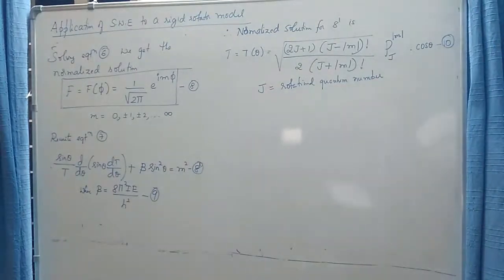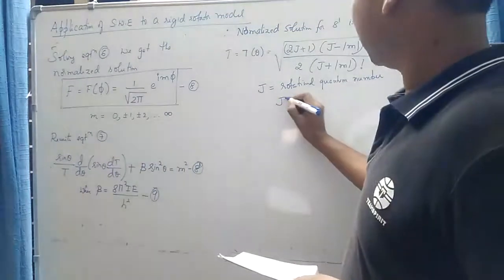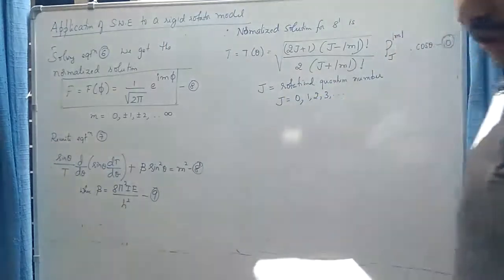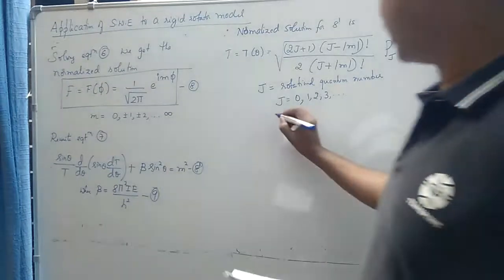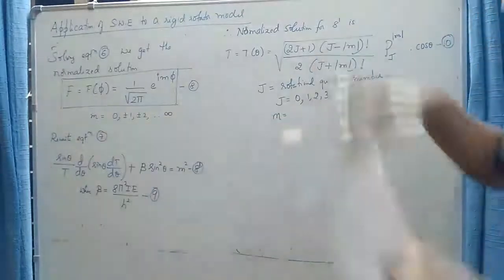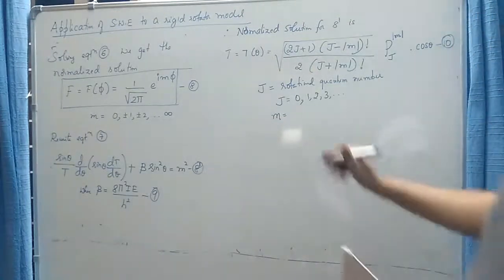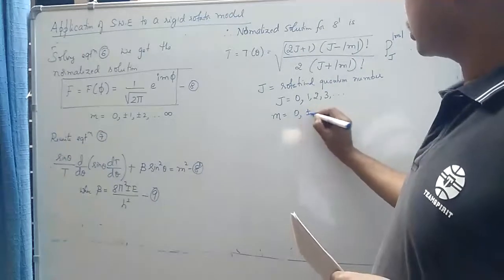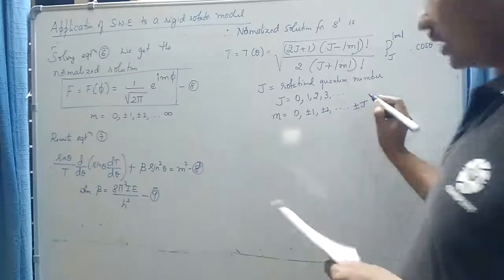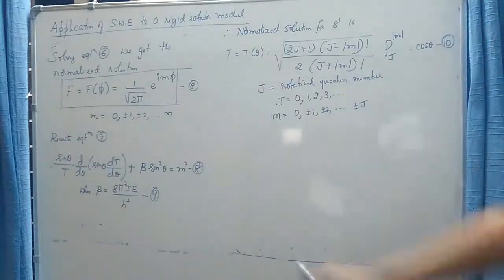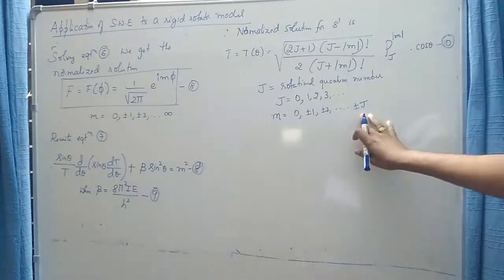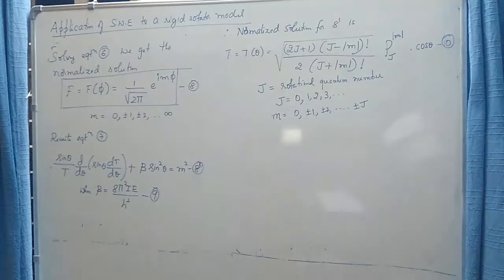Its value is restricted to take positive integral values. The value of m, which was restricted to take integral values, is now further restricted because of the additional boundary conditions. Its value is 0, plus or minus 1, plus or minus 2. The maximum value it can take is plus or minus j. Here it was assumed that it can take values up to infinity, but now there is a restriction that it can take only values up to plus or minus j.